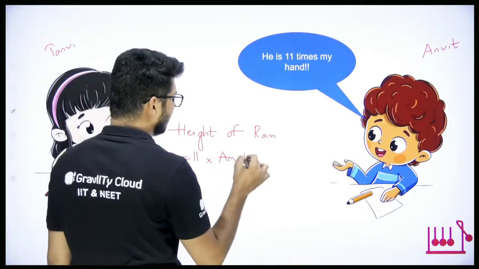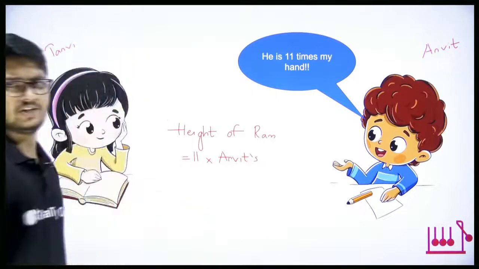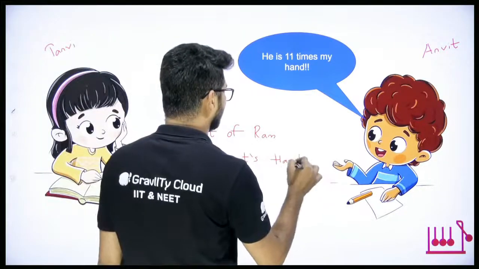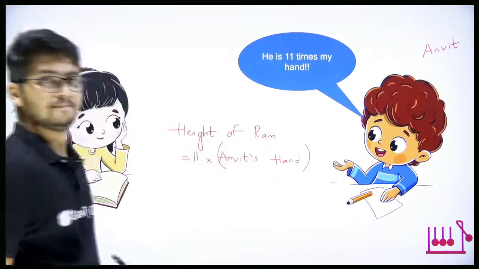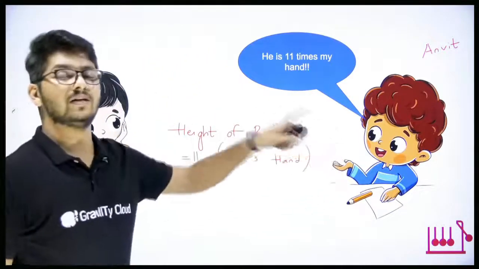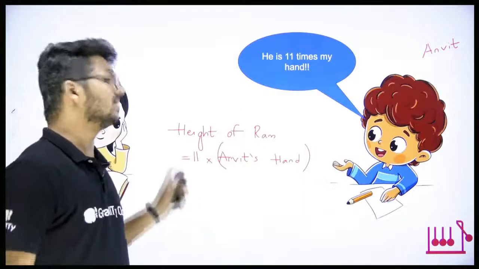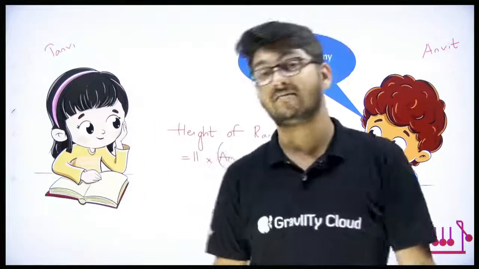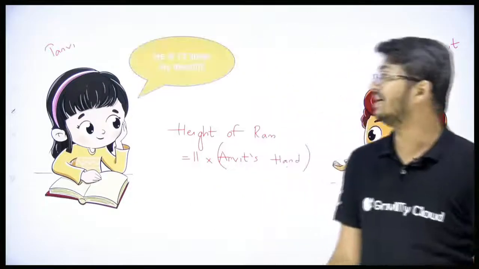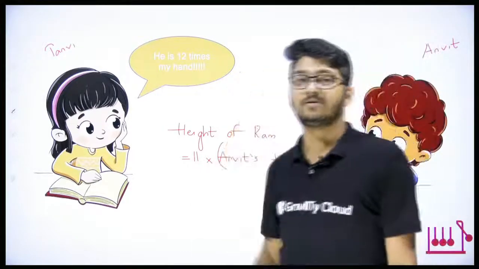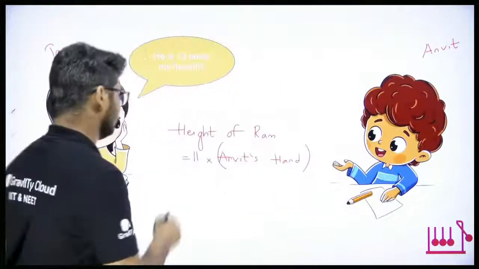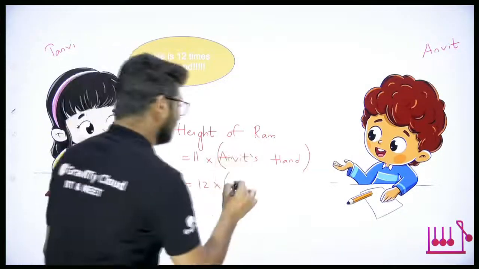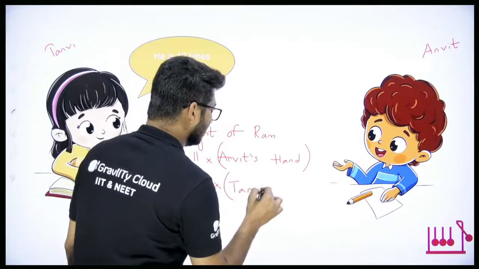Exactly speaking, I should write it as length of Anvit's hand, but you understand it. So that's what Anvit told. Now let's see what Tanvi tells. Tanvi tells that he is 12 times my hand. According to Tanvi, height of Ram is 12 times Tanvi's hand.